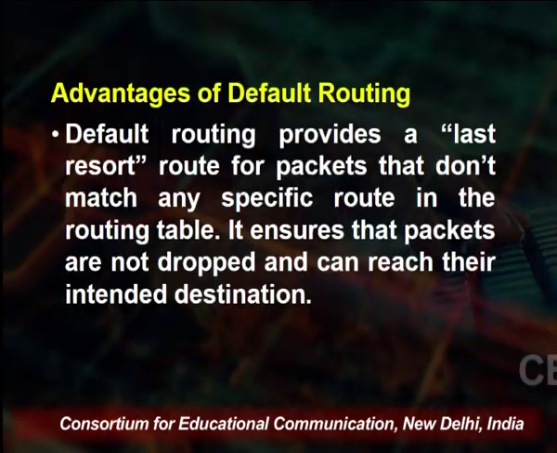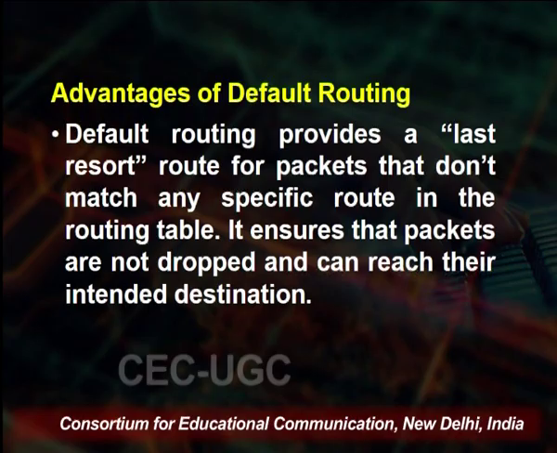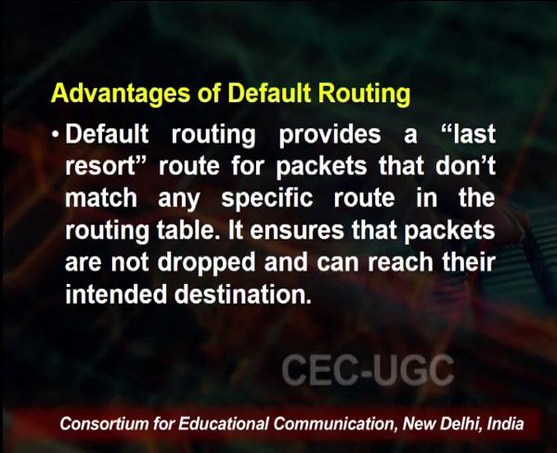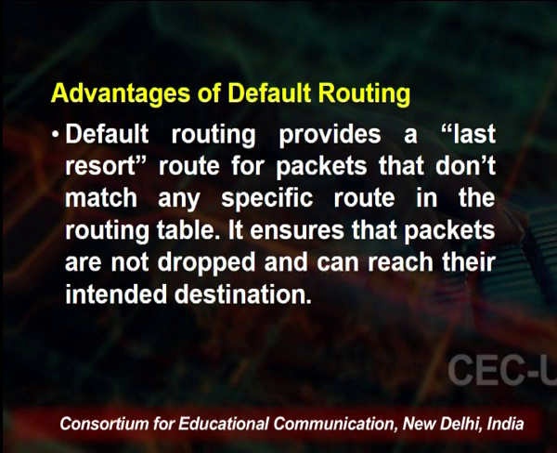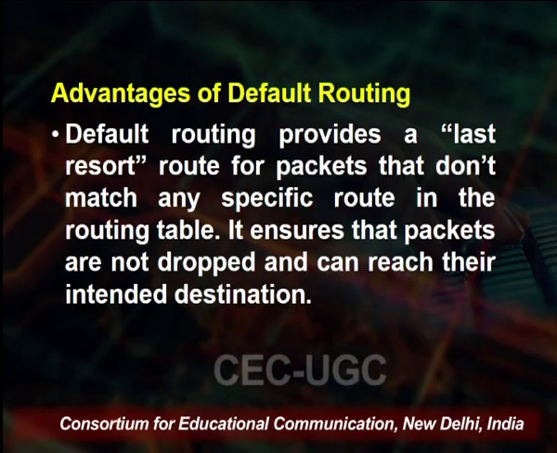Now, what are the advantages of default routing? It provides a last resort kind of route for packets that do not match any specific route in the routing table, and it also ensures that the packets are not dropped and can reach their intended destination.